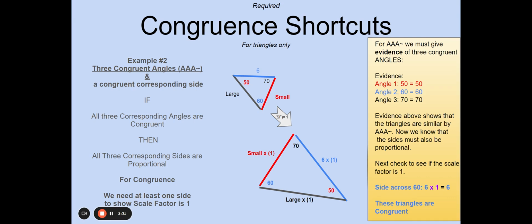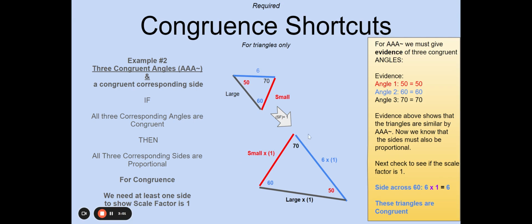Angle, angle, angle doesn't give us any sides to compare, so we need at least one side to be able to compare, and that scale factor has to be 1 for them to be congruent. So if all 3 angles are congruent, then all 3 corresponding sides are proportional. That's good. We got that from similarity. The added thing is for congruence, we need to show at least one side is a scale factor of 1. Because if one has a scale factor of 1, because they're proportional, they all have that same scale factor.